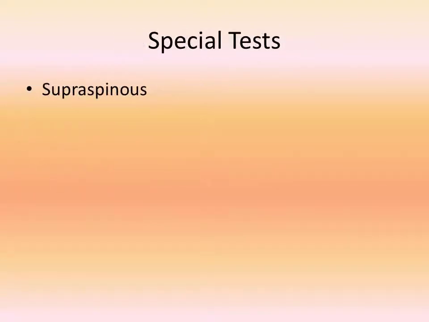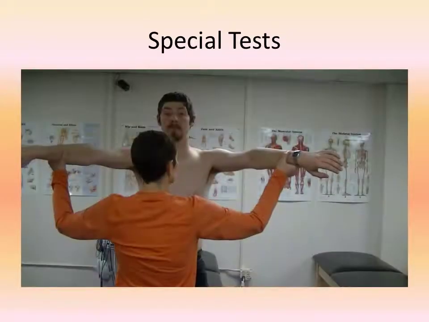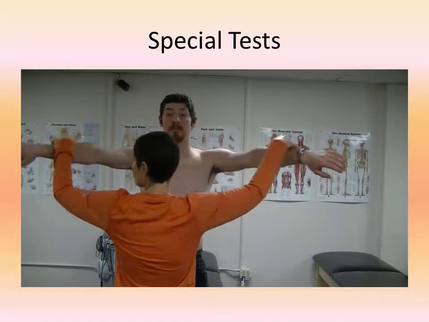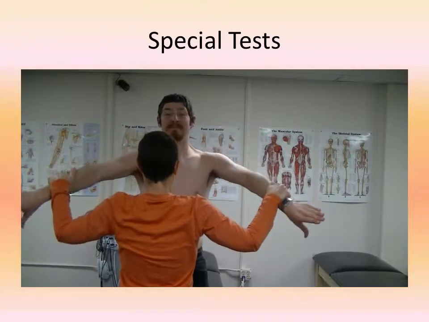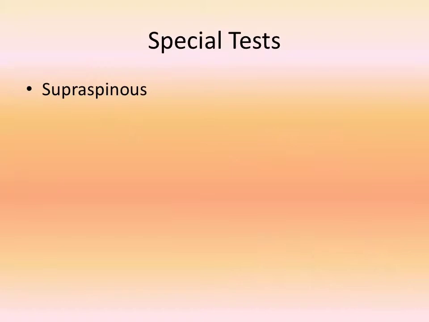There are many different special tests that can be done for the rotator cuff. For the supraspinatus, we can perform an empty can test, which is simply placing the patient in scaption and resisting that movement. For the subscapularis, we can do a lift-off test, which is also a Gerber test.